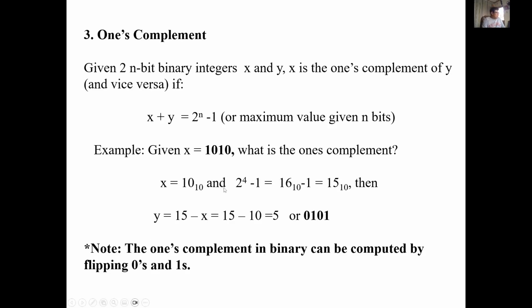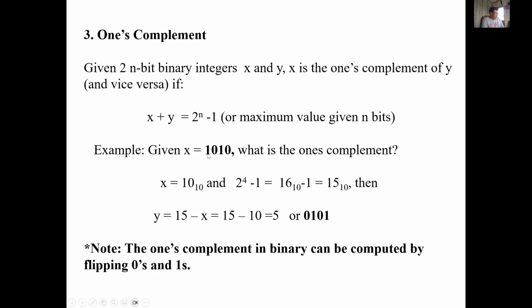So take note that the binary value of 10 is 1010 and the binary value of 5 is 0101. I know you notice a characteristic here, but we will emphasize that together. Even if you use the values 6 and 9 or 8 and 7, when you convert them into binary, you will notice a repeating property: the ones complement of a number is computed by flipping zeros to ones and ones to zeros.